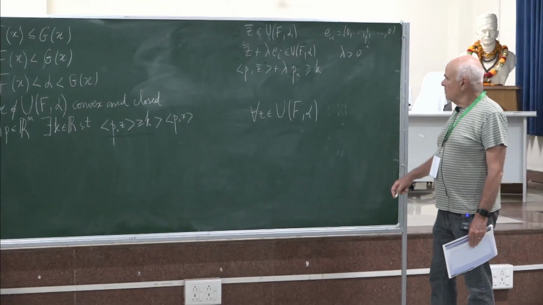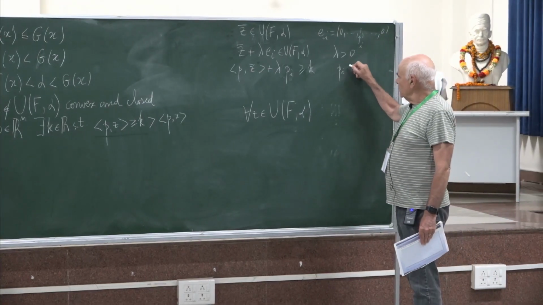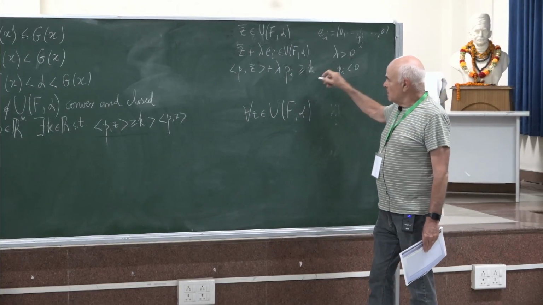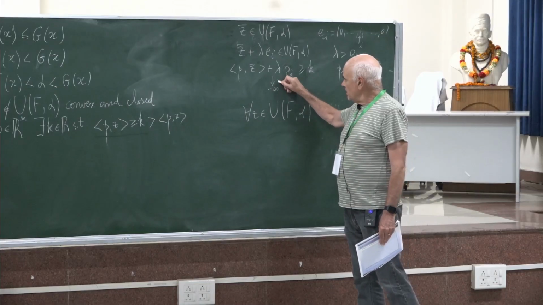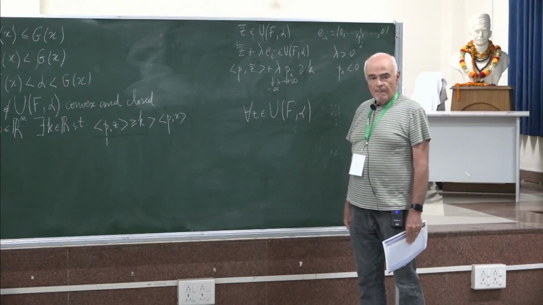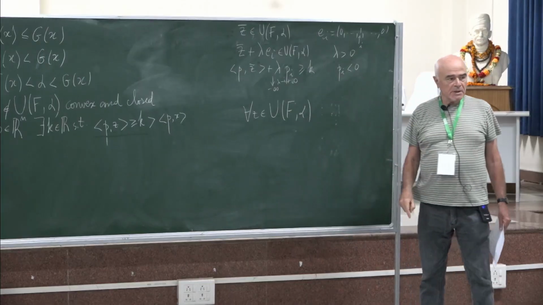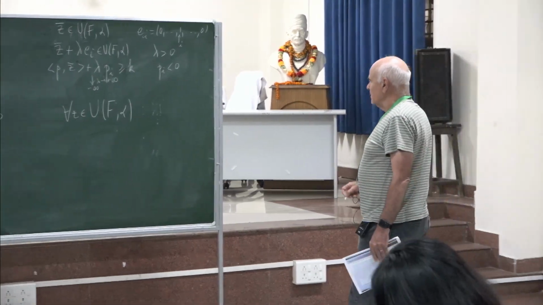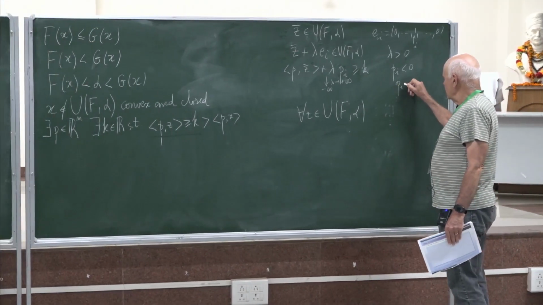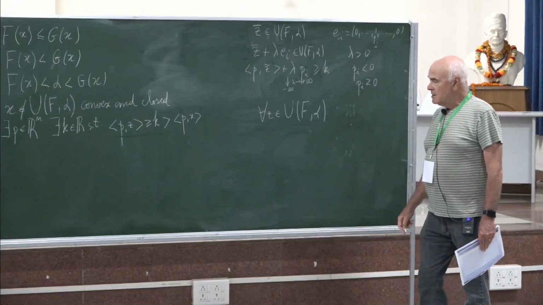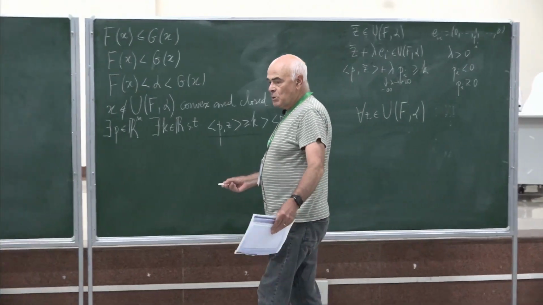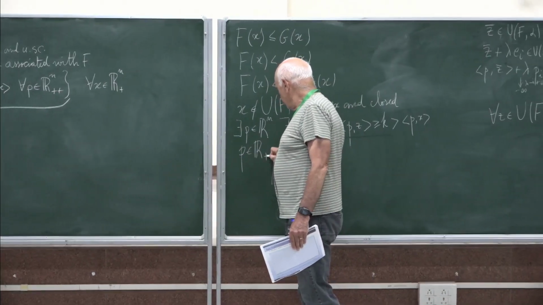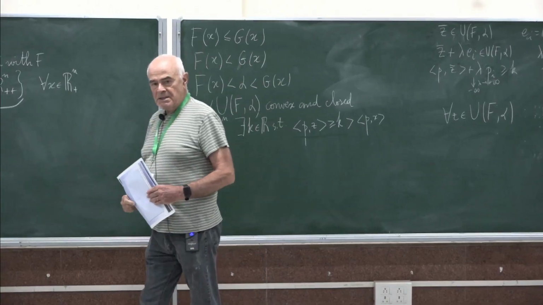And now, if Pi were negative, then since lambda can be made arbitrarily large, it would go to minus infinity as lambda goes to plus infinity, which is impossible because there is a lower bound K. So this shows that Pi is non-negative, and this is true for every component of P. So the separating hyperplane is in R plus n.